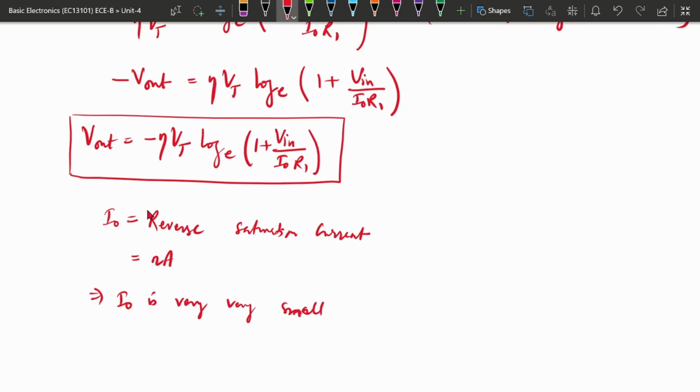If I naught is very small, then V in divided by I naught R1 will be very much greater than 1.